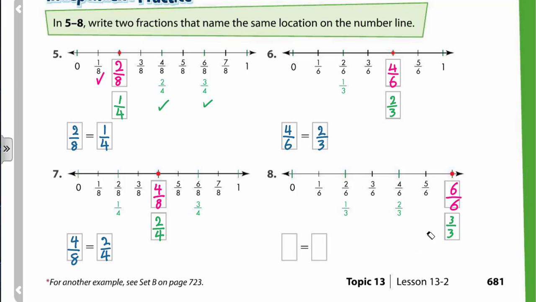Now tell me again, what are the two fractions? 6 sectors. And the other one? 3/3.